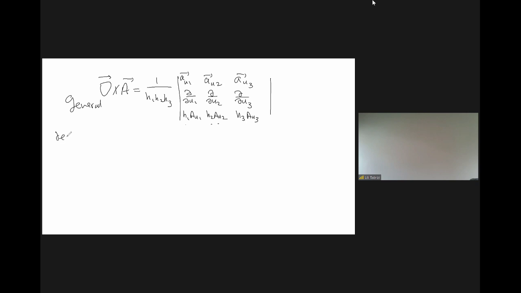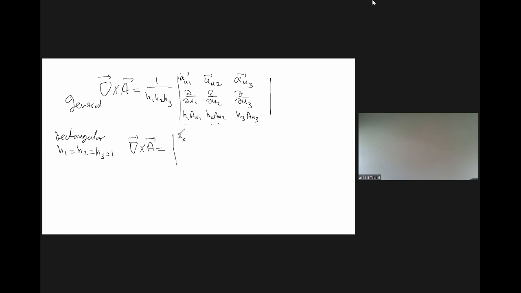So let's go to rectangular and develop the formula for curl. For rectangular coordinates, H1 equals H2 equals H3 equals 1. So curl A is the easiest, has the easiest format.